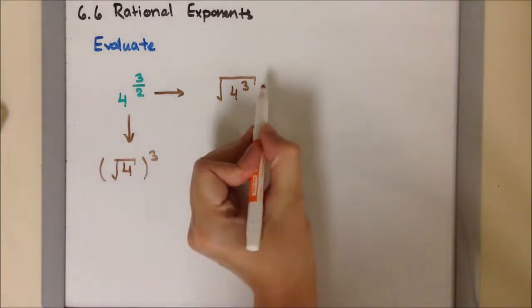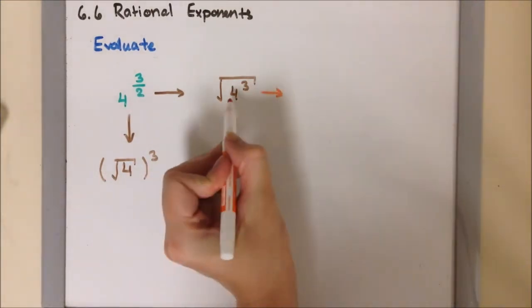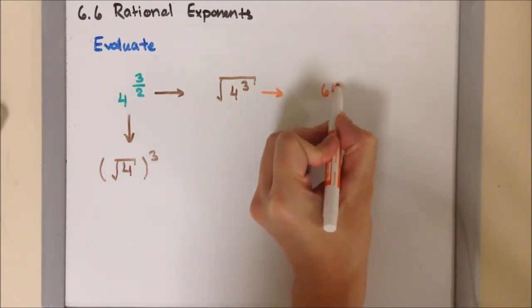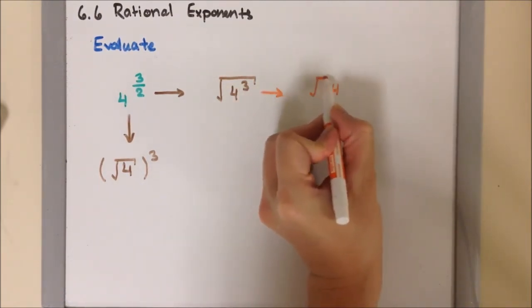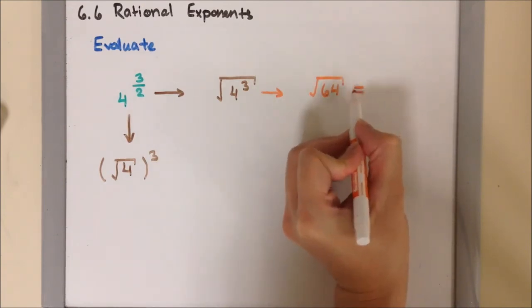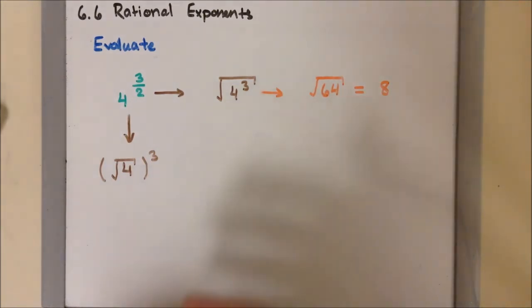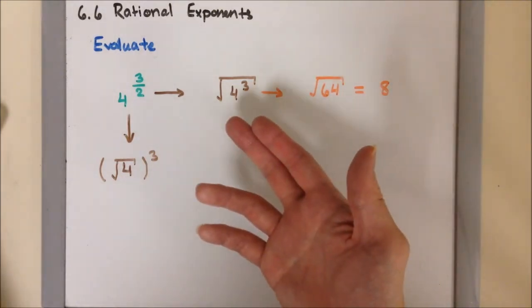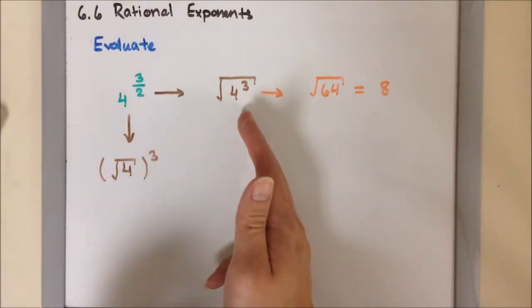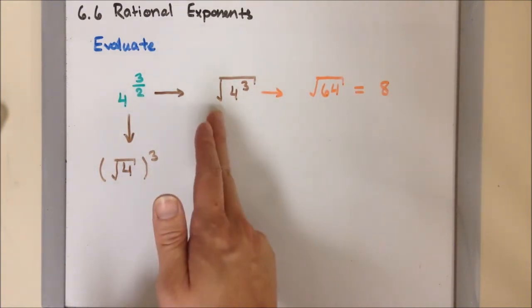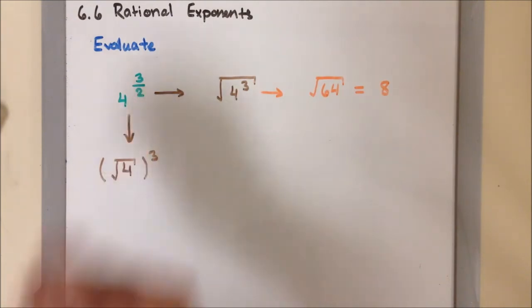So on the inside, you would do 4 to the 3rd power, which will be 64, and then you're just going to do the square root of 64, which is 8. So, it's okay to use the first form because you start off with a smaller base. Raise it up to the power of the exponent inside and then do the root based on your index or the denominator.